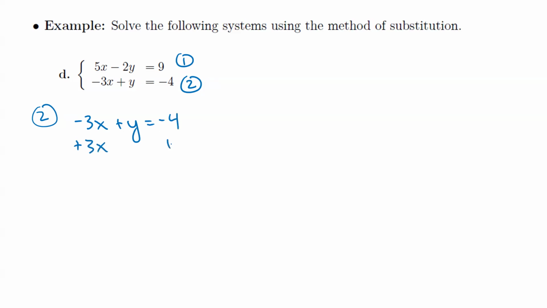Add 3x to both sides. Made a mistake there. It should be a -4. So let's say y equals 3x minus 4, and then plug that back into equation 1.